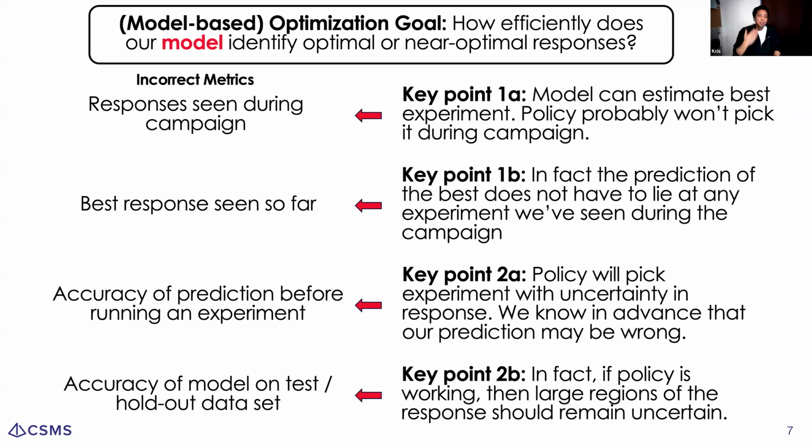All of these metrics we see in papers all over the place, and it's unfortunate because a lot of effort is expended trying to make these metrics look consistent with our intuition. But the main point is that our intuition for Bayesian optimization is not correct. It's not the same as our intuition for machine learning or model-free optimization.